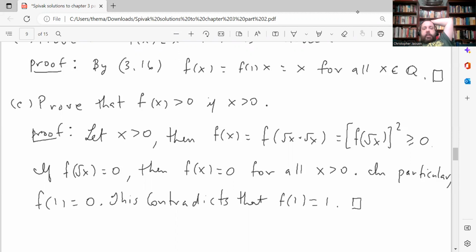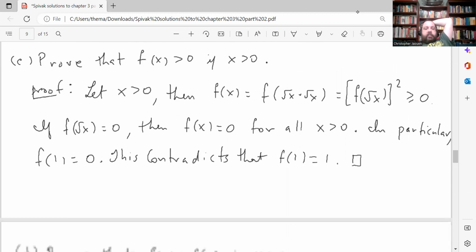That has to be greater than or equal to 0 because it's a real number that you're squaring, and squares of real numbers are non-negative. If f of square root of x is 0, then f of x is 0 for all positive x. In particular, f of 1 is 0, but that contradicts part A. So that means that f of x is positive whenever x is positive.